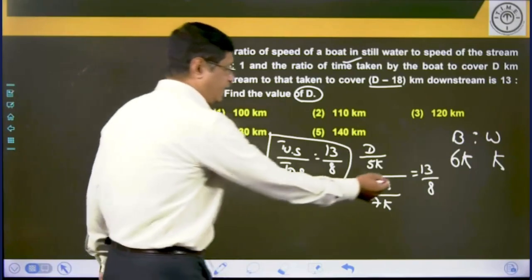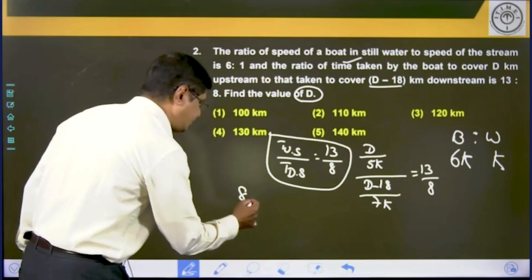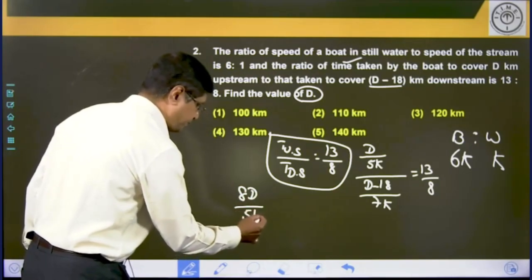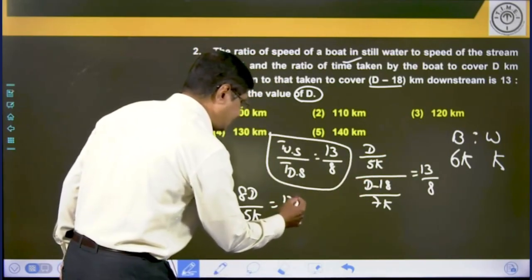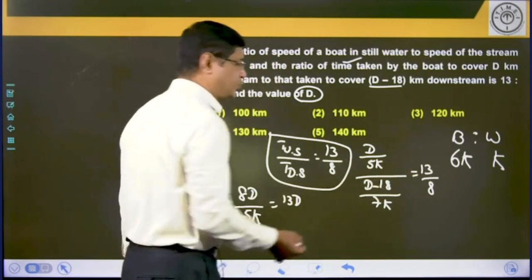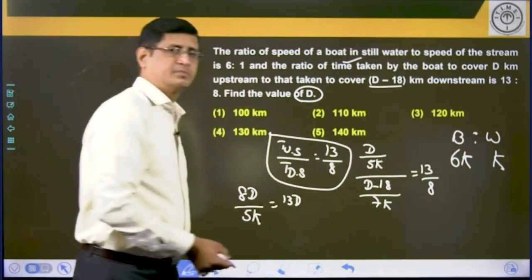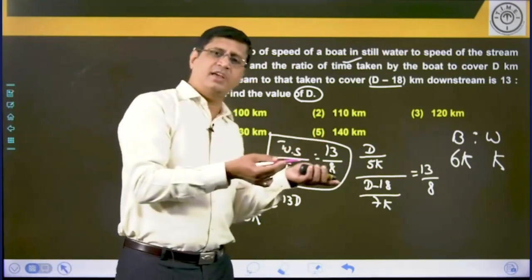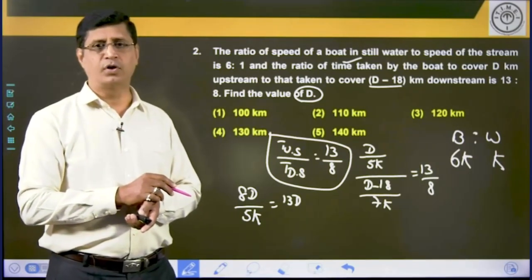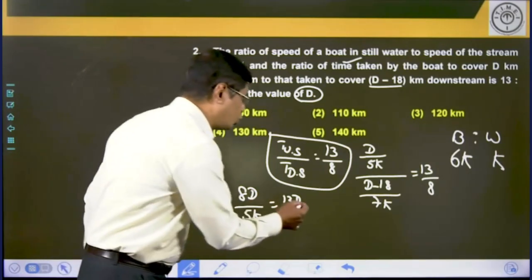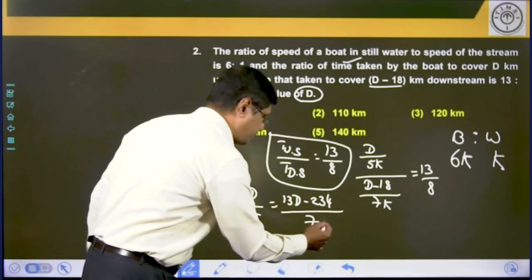Now look at this one. 8 times d by 5K, that is 8d by 5K, is equal to 13 times d minus 18, that is 13d minus 13 into 18. 13 into 18: 10 times 18 is 180, 3 times 18 is 54, 180 plus 54 is 234, by 7K.